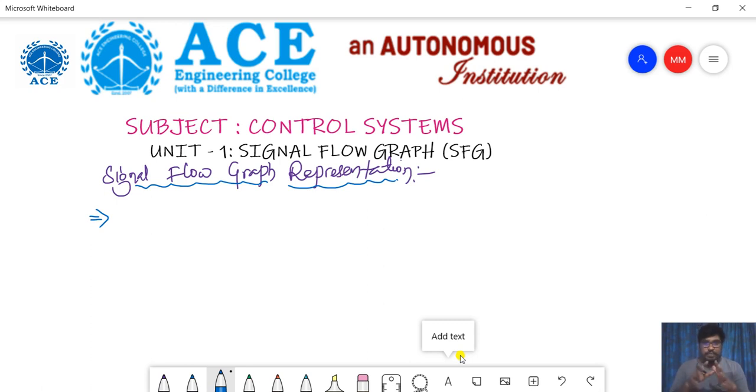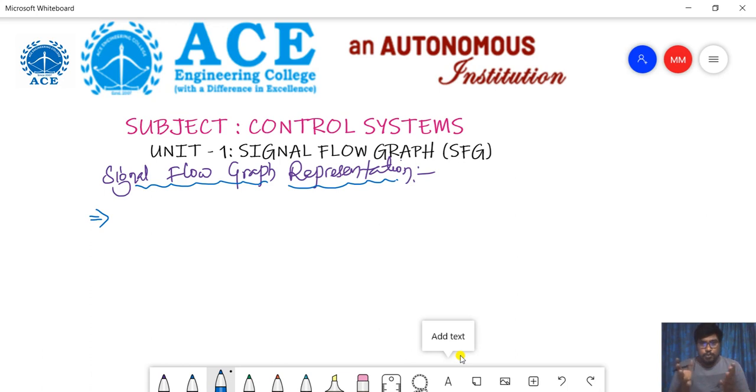SFG is a method which provides the same information; here also we find the overall gain of the control system, in graphical form. This method represents the control system graphically.